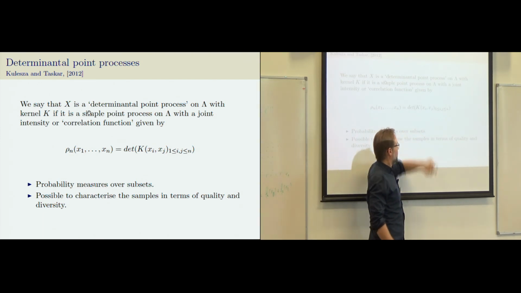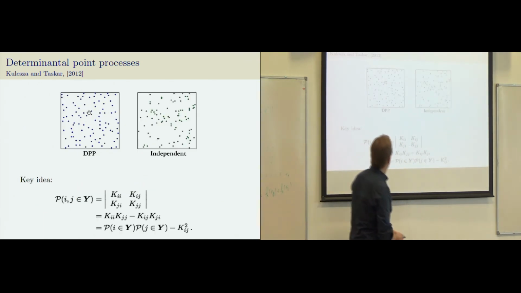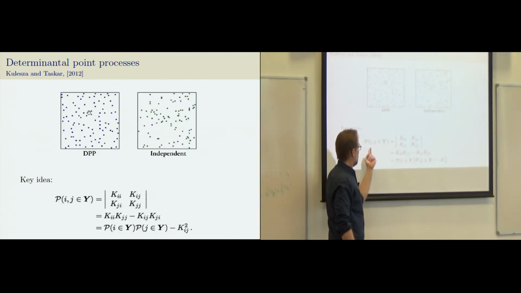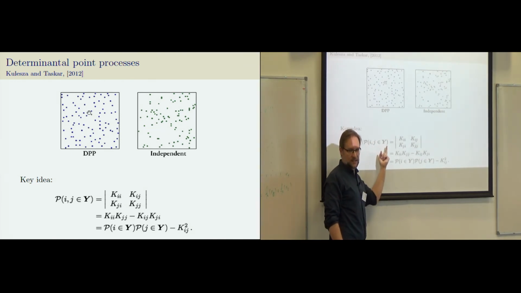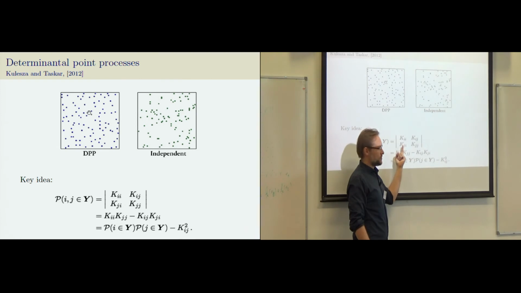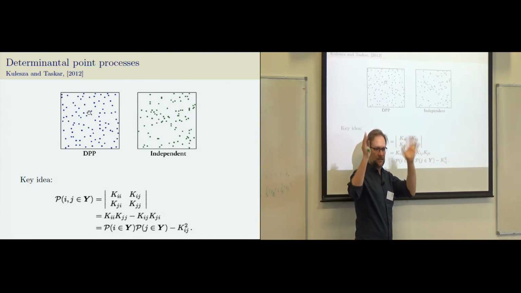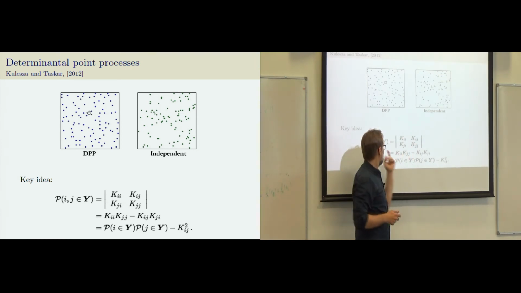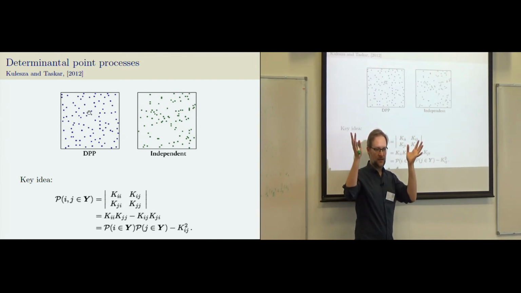So you compute it. Basically, the probability of selecting elements y and j in the same sample is proportional to the determinant of the minor corresponding to the entries of points y and j in the covariance matrix.